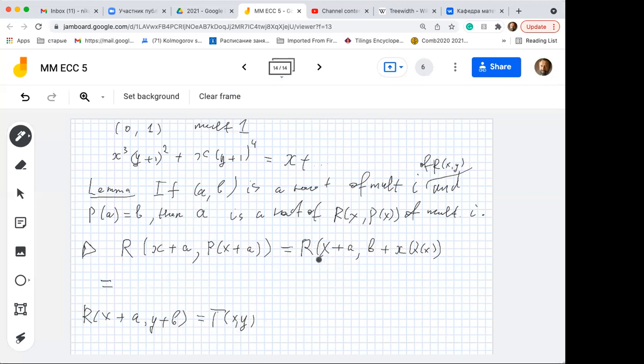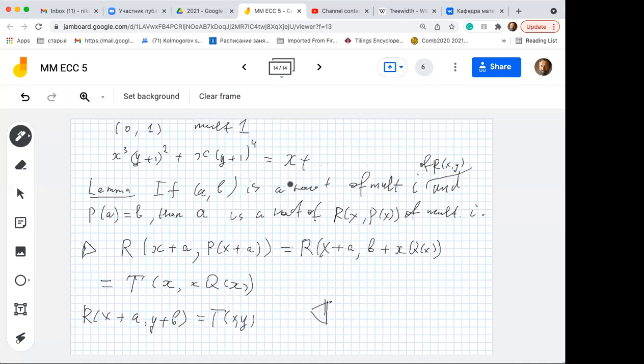Then, using this t, we can rewrite this expression as t of x and x times q of x. That means that we essentially substitute x and x q of x in all the terms of t. But it's clear that this substitution doesn't decrease the degree. So the degree gets larger. And that completes the proof.